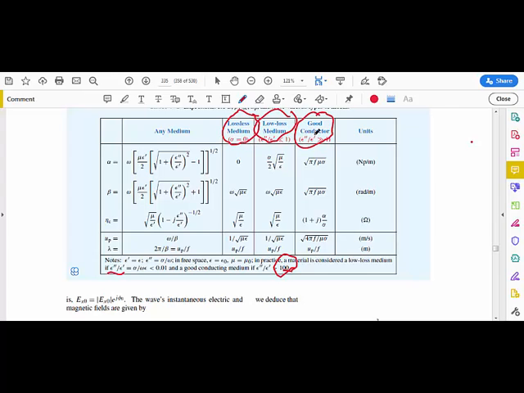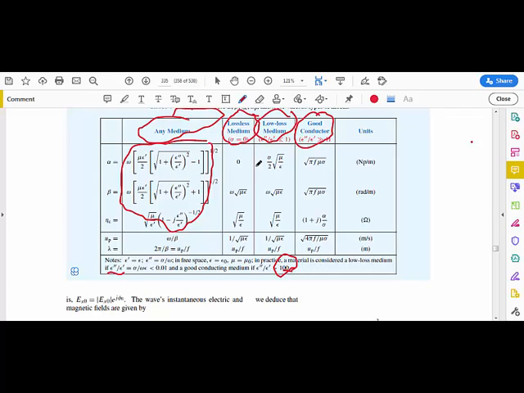This is just for more simplicity when we determine the electromagnetic plane wave propagation through any material. Except for these cases, whether the material is low loss or a good conductor, we can consider it as any medium and use the equations for any medium.